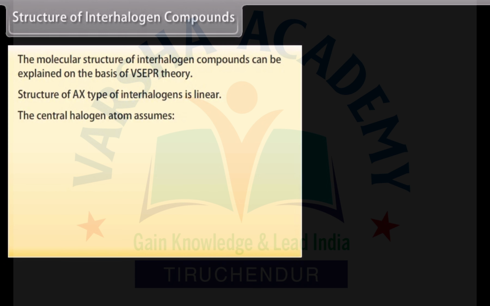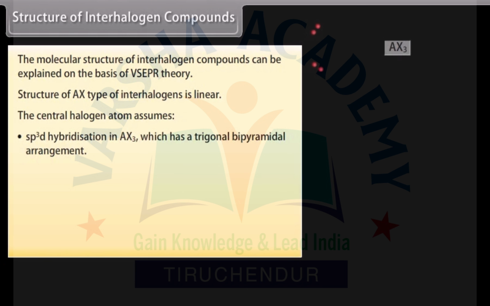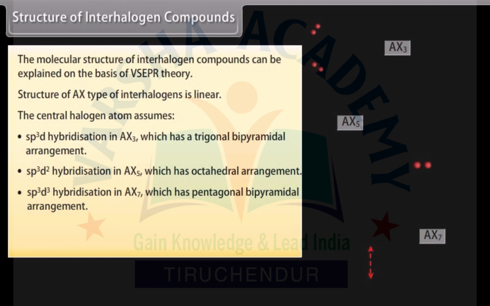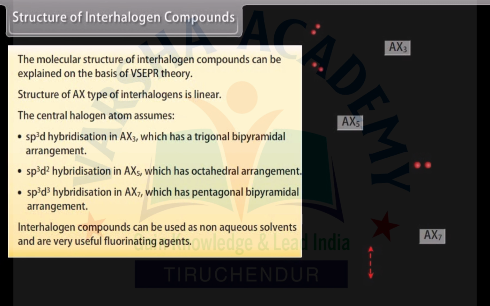The central halogen atom assumes sp3d hybridization in AX3, which has a trigonal bipyramidal arrangement, sp3d2 hybridization in AX5, which has an octahedral arrangement, and sp3d3 hybridization in AX7, which has a pentagonal bipyramidal arrangement. Interhalogen compounds can be used as non-aqueous solvents and are very useful fluorinating agents.